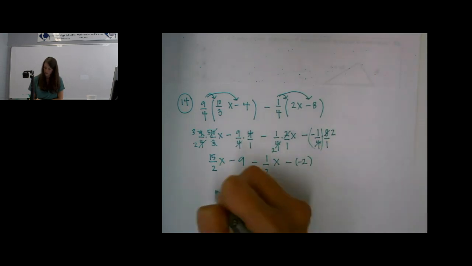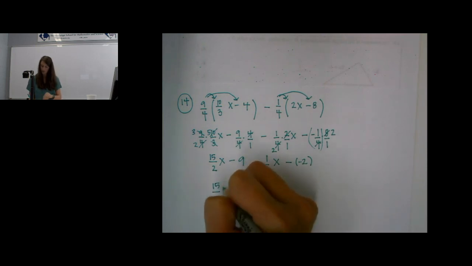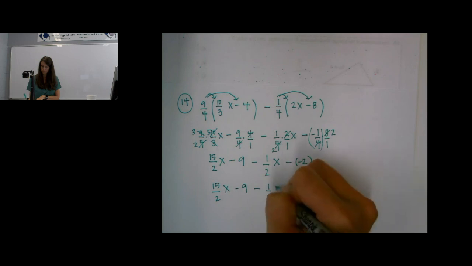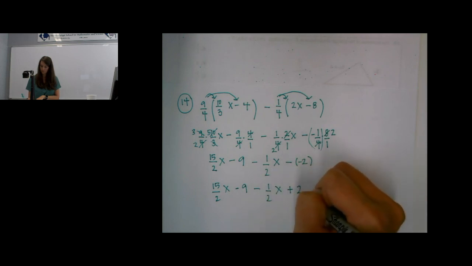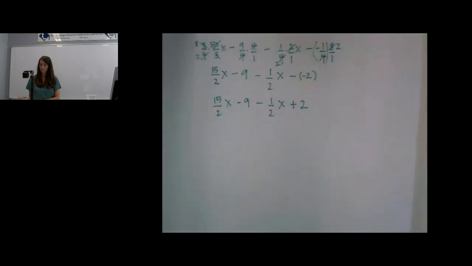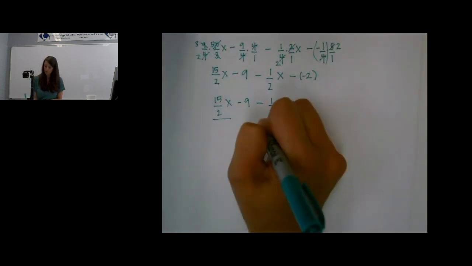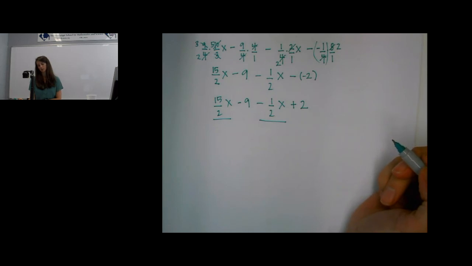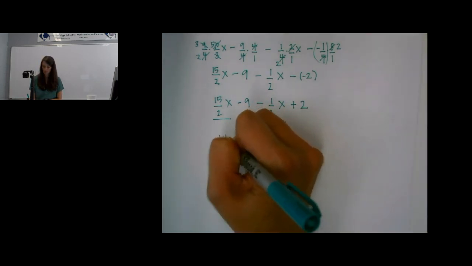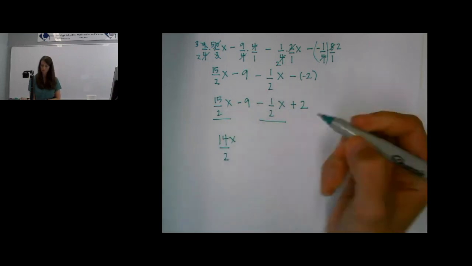Okay, so let's rewrite this real quick. Because that minus and negative does turn into a plus. So combine my like terms: 15 halves x minus a 1/2 x. So that's going to be a 14 halves x.